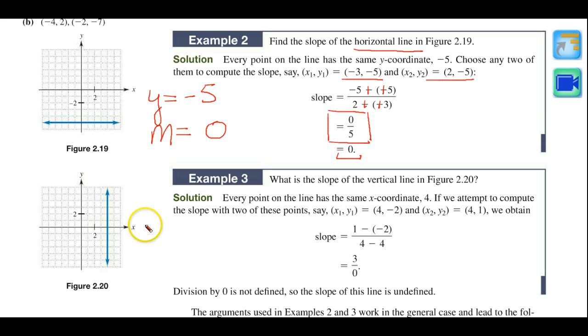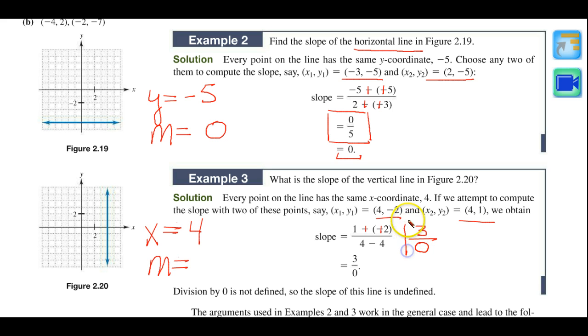Now here's a vertical line. The formula of this vertical line is x equals 4. And what will be the slope of this? Now when we put it into our formula, using these 2 points, we get this is a 3, and 4 minus 4 is 0.